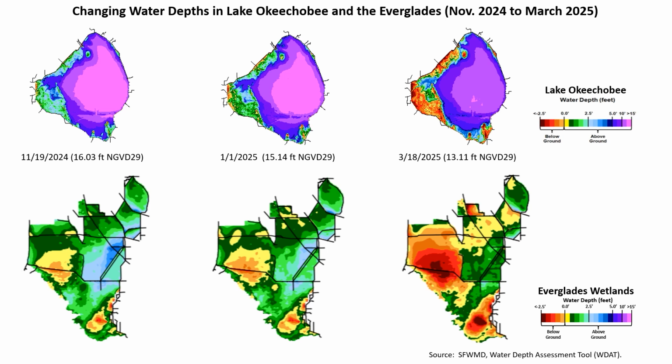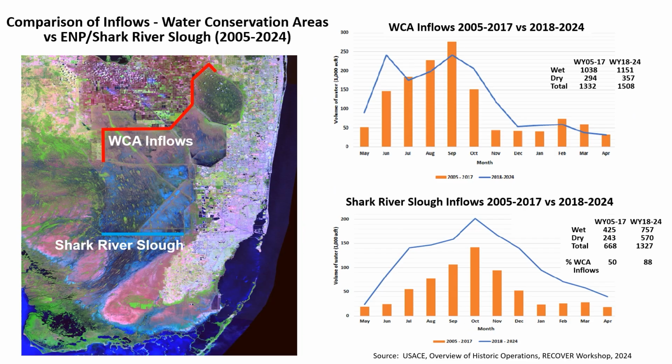Water levels in the marl prairies had dropped well below the ground surface, and the northern or upstream portions of the water conservation areas were drying down rapidly. At this point, the surface water flow connectivity between the central and southern Everglades was beginning to be lost, particularly in the eastern portions of Everglades National Park and Taylor Slough.